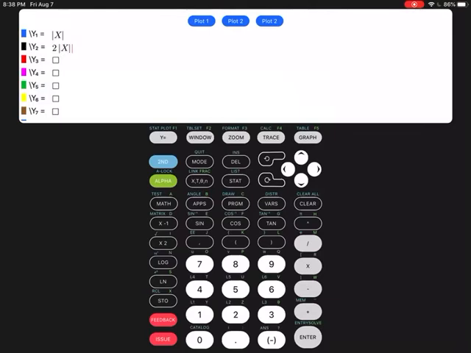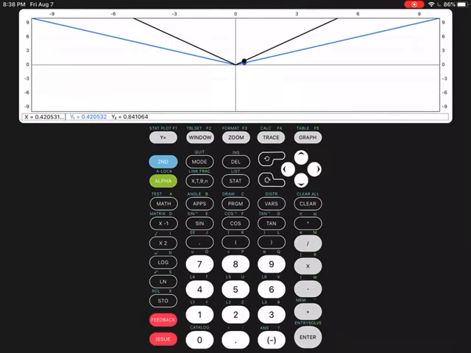Okay, that's my first one. Let's see what happens. My parent function, the regular one, is the blue one, and the black one is the new one. You can see I kept the same vertex of (0, 0), but this is getting a little bit steeper. It's getting a little bit narrower when I multiplied by 2.